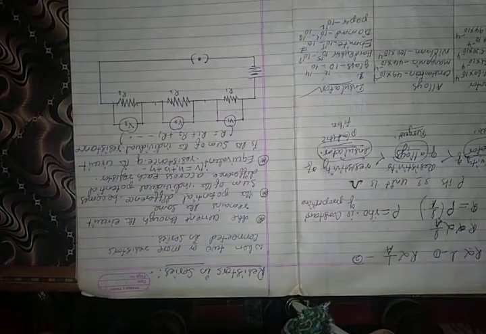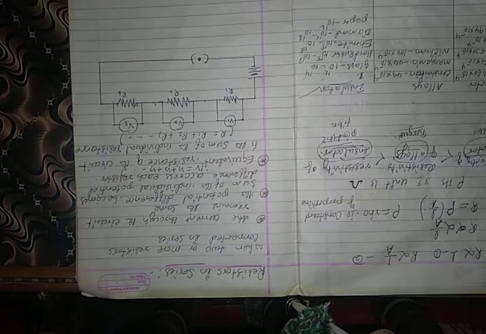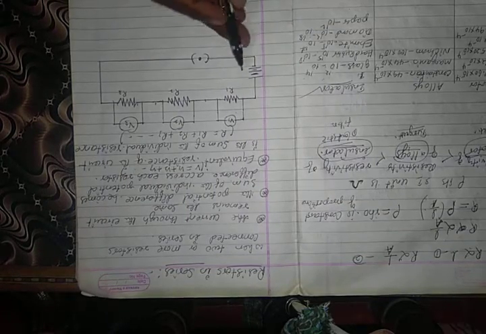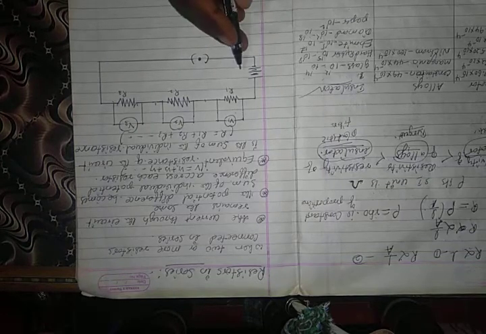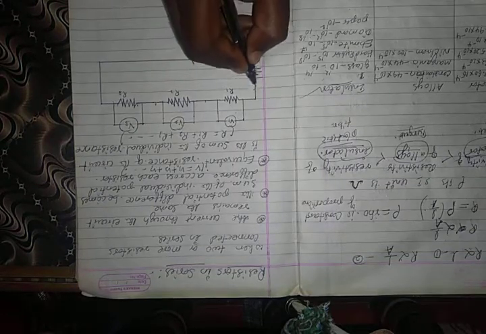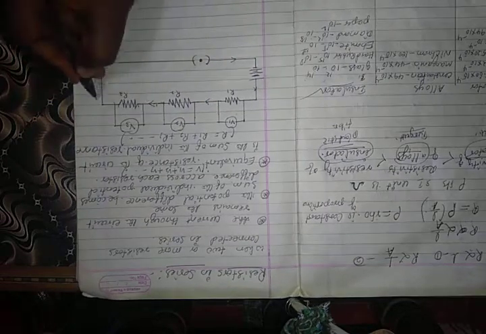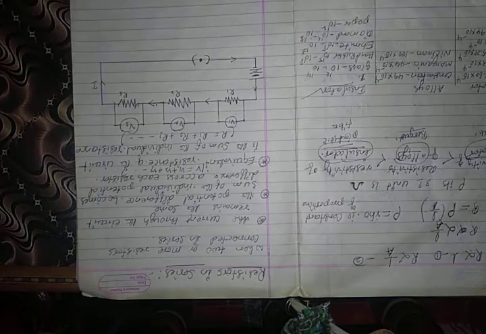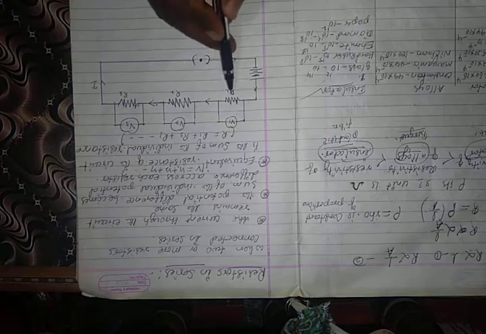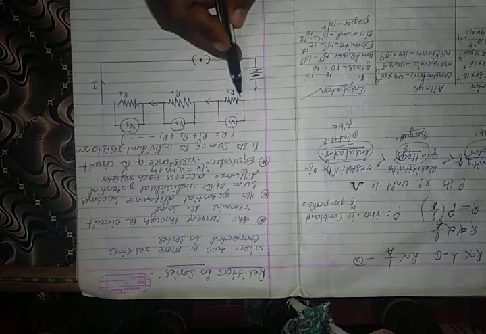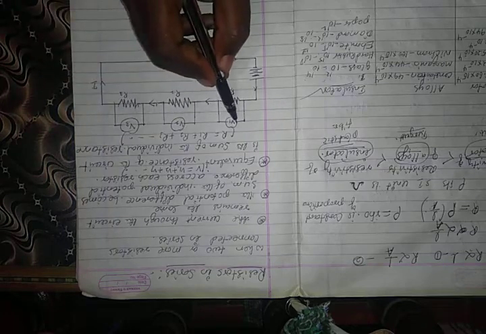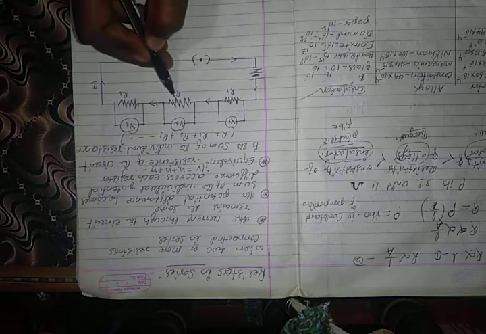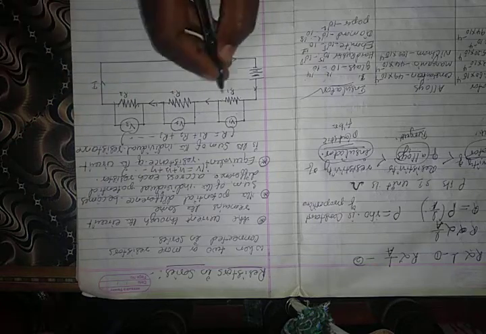Let us see the diagram. From Ohm's law, if you close the key, the current flows through the circuit. I is the current. Here the resistors are connected in series, and each resistor has a voltmeter, V1, V2, V3, to measure the voltage across each resistor.